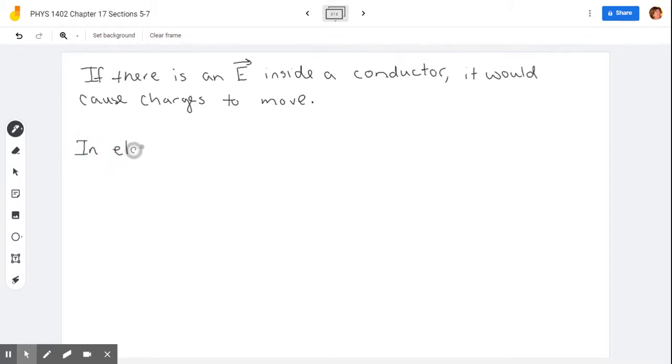In electrostatic conditions, if you'll remember, that means there's no moving charges.